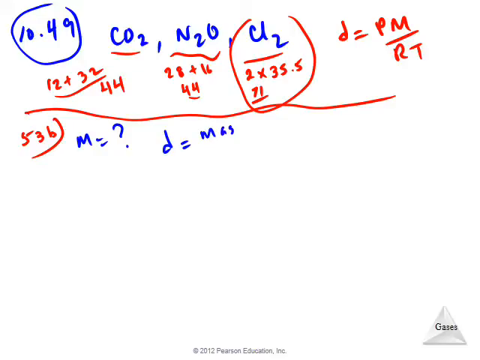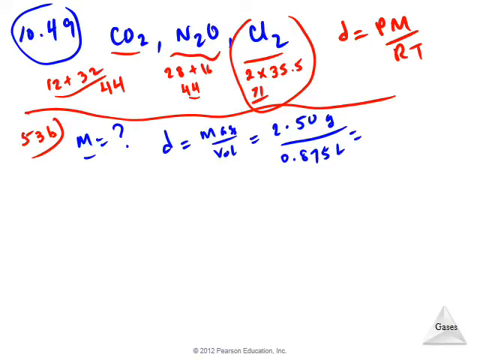Mass of the gas over volume. Now don't get confused between this mass and molar mass. Molar mass is gram per mole, that's basically molecular weight. And this mass, they already gave you, 2.50 gram, and volume is 0.875 liter.